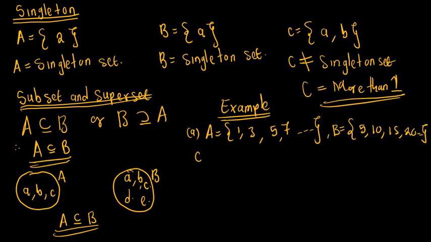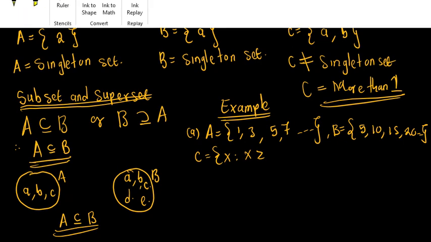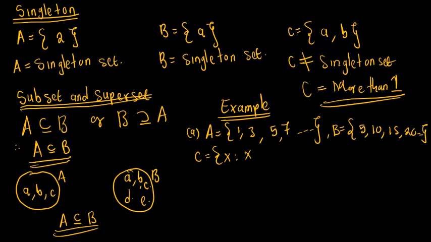C is a set such that X is greater than 2, and X is prime. This is the set that we have been given.